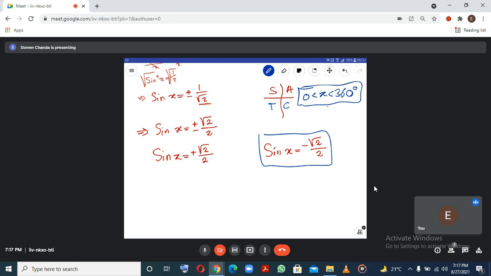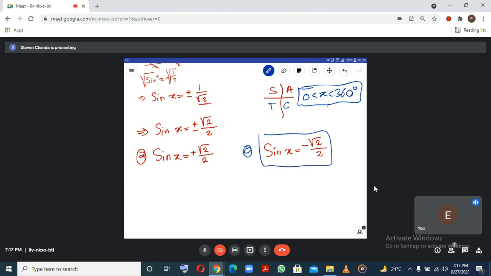Of course, for the first one, we are going to have answers in the first and second quadrant, where sine is positive. And for the second one, this part where I'm using blue, we are going to have where sine is negative, which is the third and fourth quadrant.